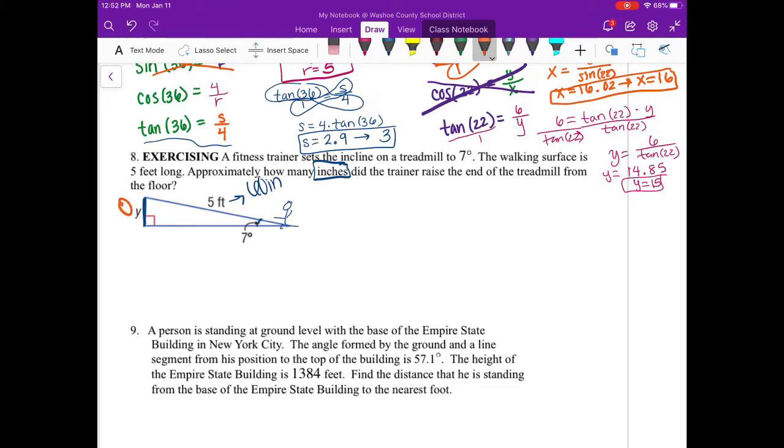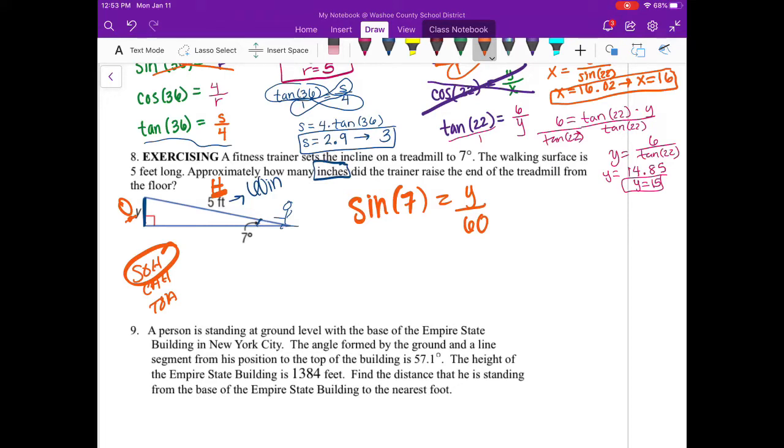So if I'm standing there, this is my opposite, this is my hypotenuse, and I need to think about SOHCAHTOA and see which one I'm going to use. All right, so I'm looking for something with O and H in it, so I'm going to use the SO part, which means I'm going to set up sine of my angle, 7 degrees, equals opposite over my hypotenuse, and remember to use your 60 inches instead of your 5 feet so that when you find the answer, it's already in inches.